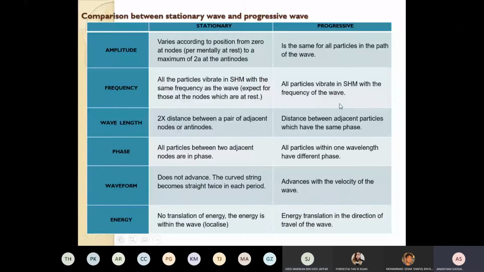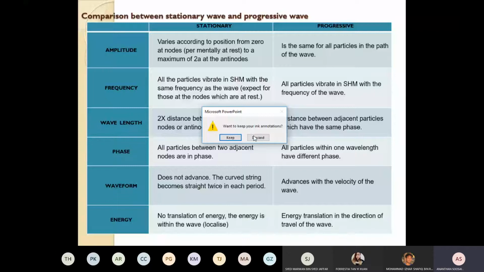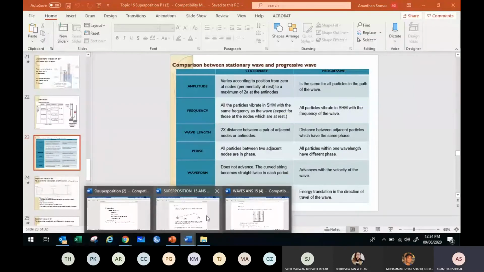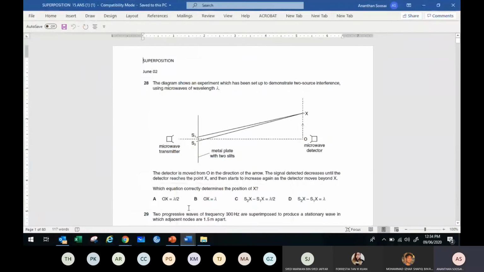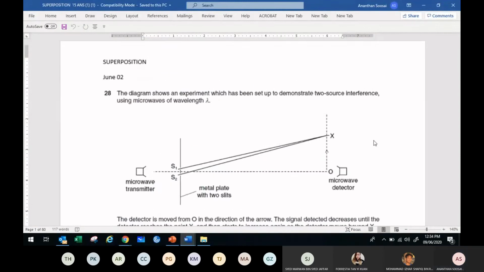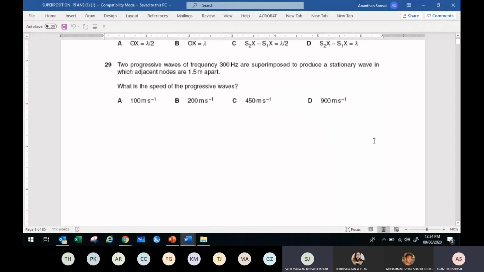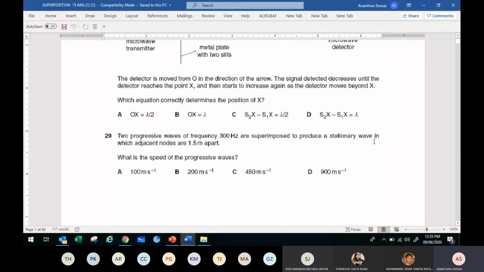So before we go to this, let me do some questions first to understand. We go to the past questions about stationary wave. Okay, so now we try to strengthen the idea of what you learned. First, page 1, question 29.